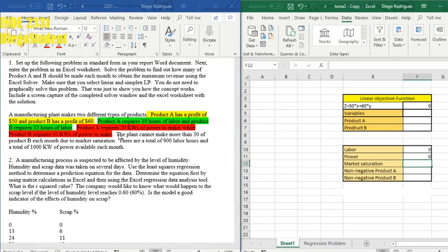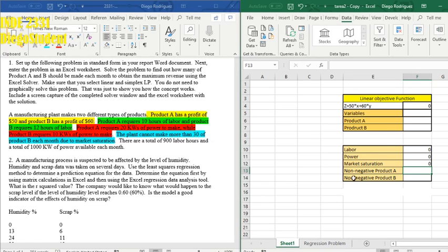Then it says the plant cannot make more than 30 of product B each month due to the market saturation. We understand that, and we're gonna make the market saturation equal to product B. The number 30, we're gonna use it later.